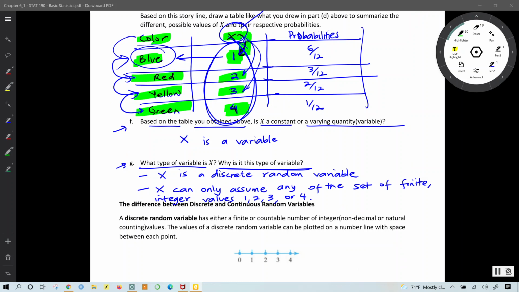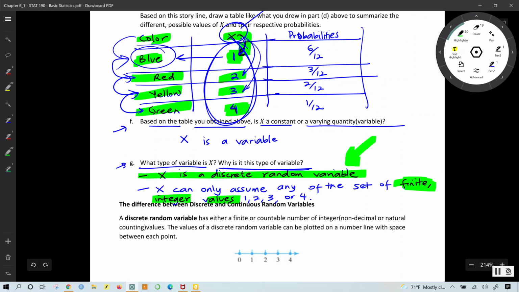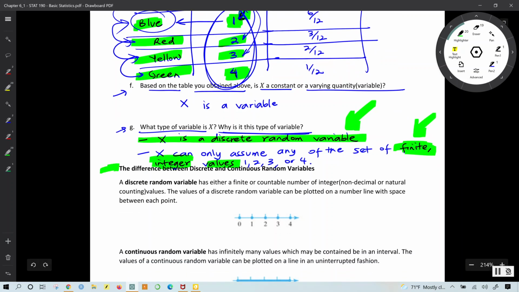With the reasons established that x is a discrete random variable, because it can only assume any of a set of finite integer values, we establish what typifies a random variable as a discrete random variable. 1, its possible set of values could be finite or countably infinite, and it can only assume integer or count values. And that brings us to the difference between discrete and continuous random variables.